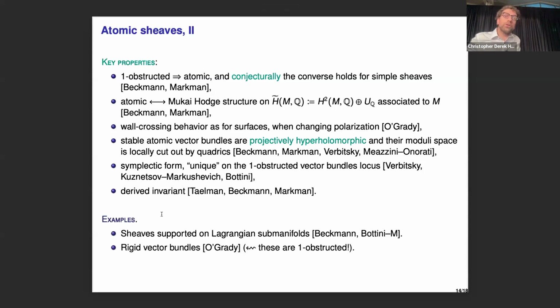Okay, examples. There are not so many examples, but if I have something Lagrangian, we saw already what it means to be atomic. It means the canonical class must be in the image of the restriction map. And then with Alessio Bottini, we have a generalization, which classifies essentially all possible atomic sheaves on Lagrangians. And other examples are rigid, which is the example by Kiran that we saw yesterday.